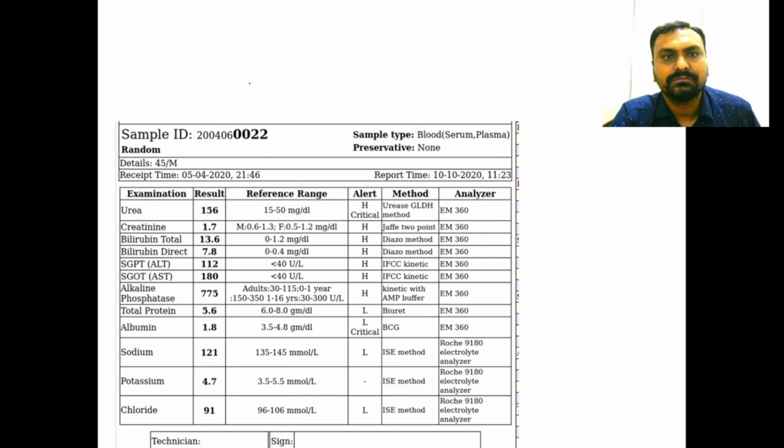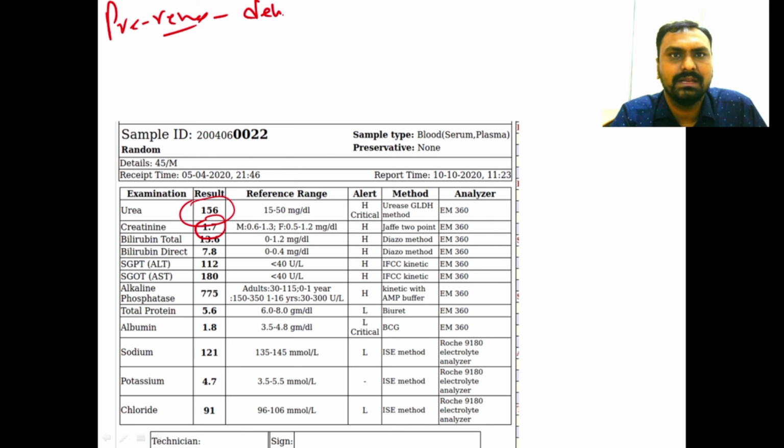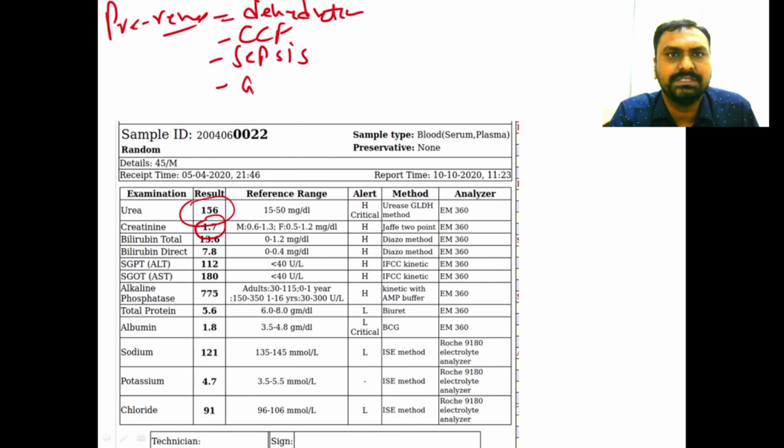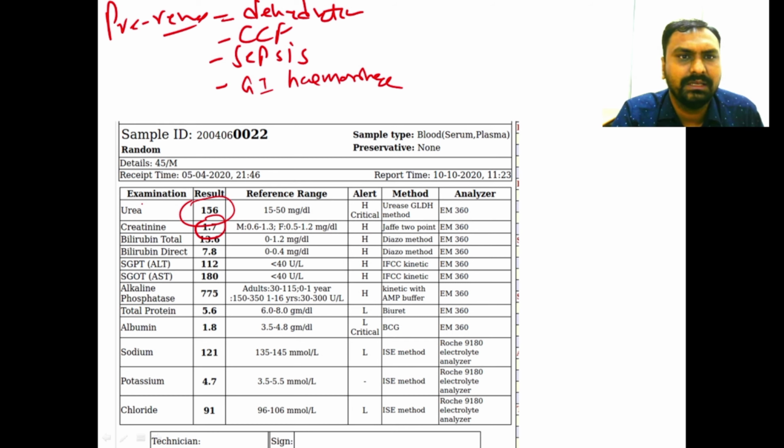Here, urea 156, creatinine 1.7. It may be due to a pre-renal cause like dehydration, diarrhea, vomiting, congestive cardiac failure, sepsis, or GI hemorrhage. All these conditions lead to increased urea, but creatinine just a little bit higher.